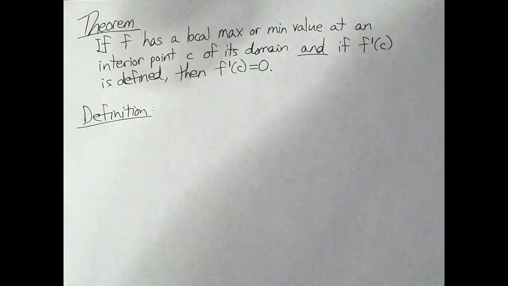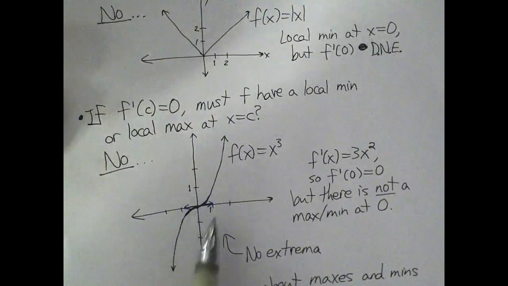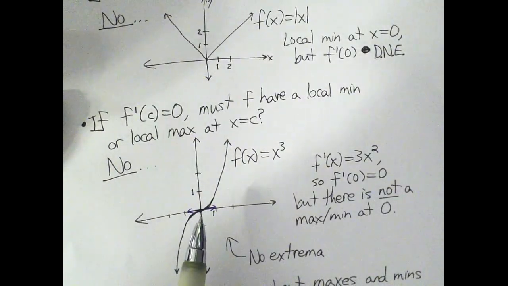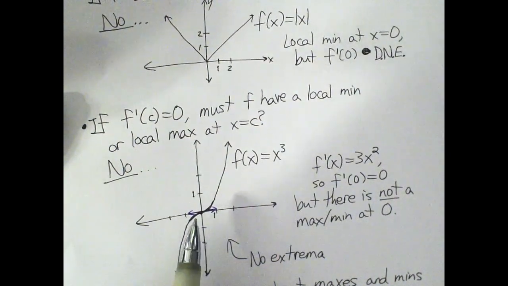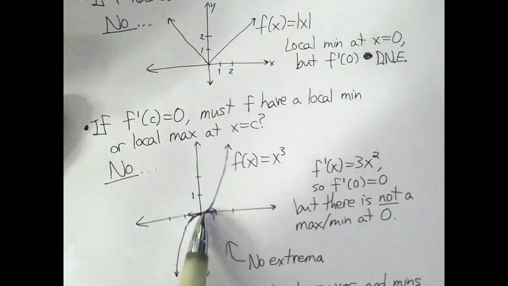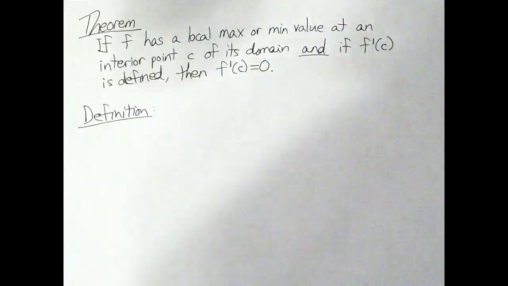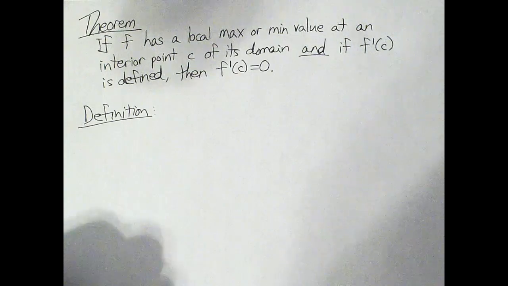Let me remind you, this sort of situation can happen. So if we find all the places where the derivative equals 0, we're not guaranteed to be finding a max or a min. However, we are finding places that are candidates for being a max or a min and are worth further investigation.